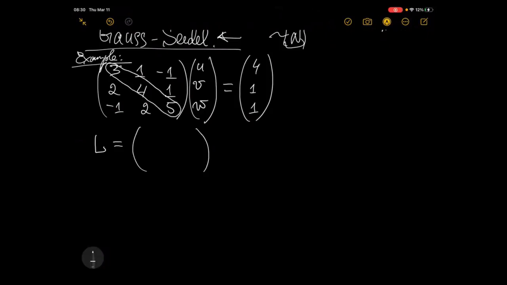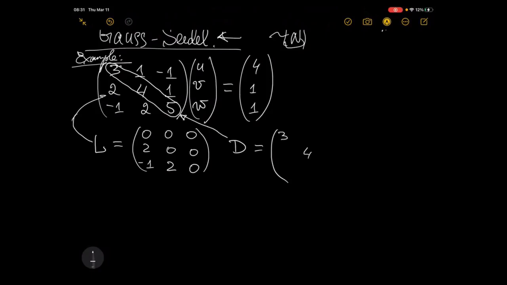So what will be the lower part of the matrix? Could you tell me? 2, -1, 2. Yeah, but how will the matrix look? So you fill everything else with zeros, right? 2, -1, 2, and everything else is filled with zeros. What will be the diagonal part of the matrix? Just elements 3, 4, and 5 on the diagonal, and then zeros elsewhere.